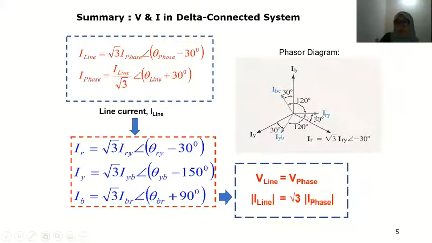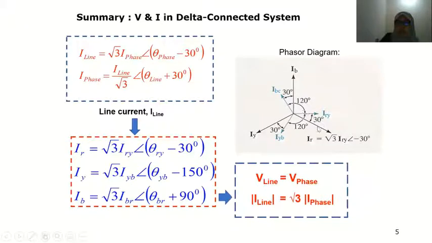Between the phase currents IRY, IYB, and IBR, they differ by about 120 degree in angle, but have the same magnitude. They are 120 degree apart from each other.